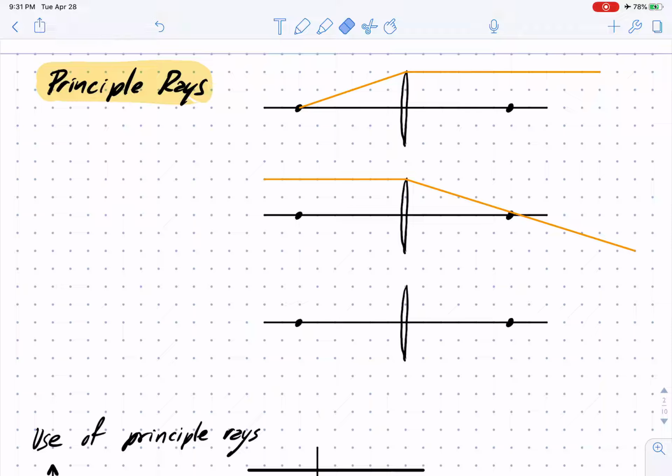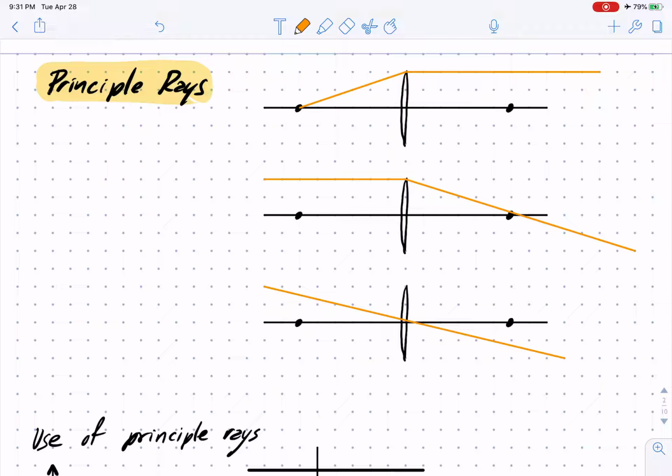The third one, which we haven't talked about, is that if light just goes right through the center, heads right towards the center, it actually doesn't bend at all. It just goes straight through. You can think about that because right here in the middle, the sides of the lens are parallel, so it's really just like a window, and we know that windows don't bend the light. So these are the three principal rays. Coming from the focal point goes out parallel, coming in parallel goes through the focal point, and then the light that goes through the center of the lens is undeflected.